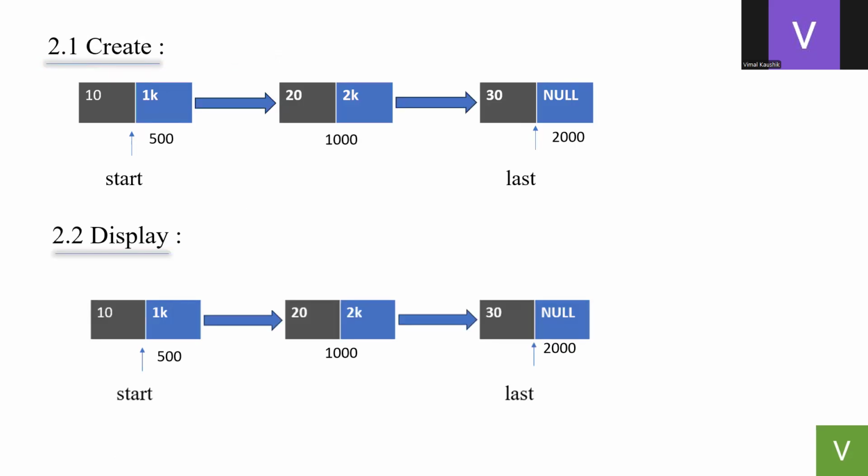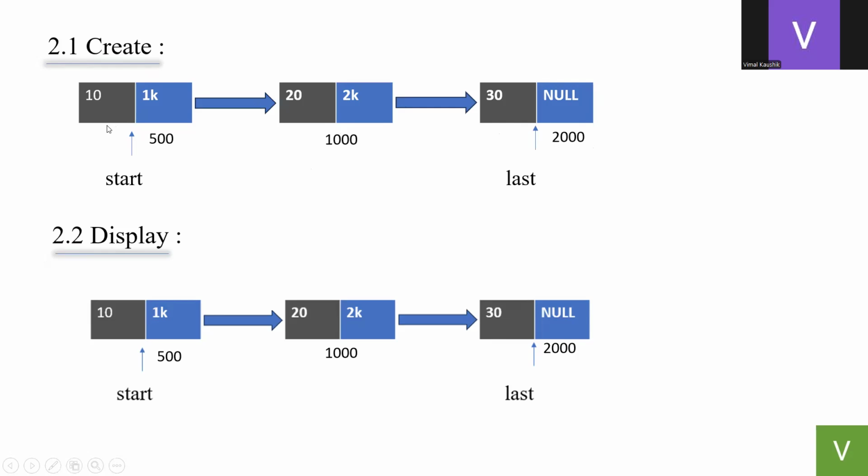So let us look at what is meant by creation operation. In a single linked list, let us consider we created a single linked list with three nodes. Let us consider the first node has the address of 500, the second node has an address of 1000, whereas the third node has an address of 2000.